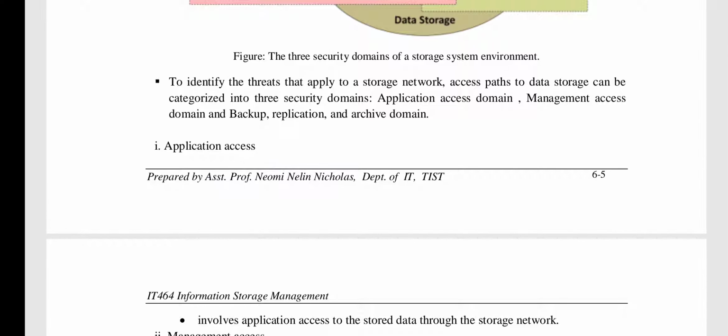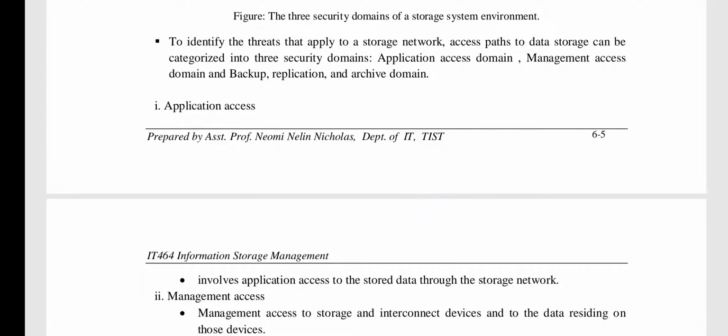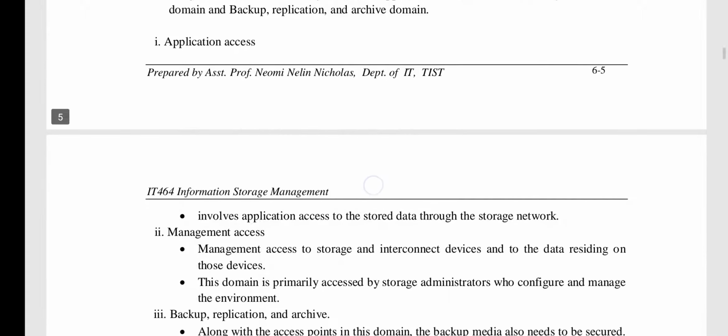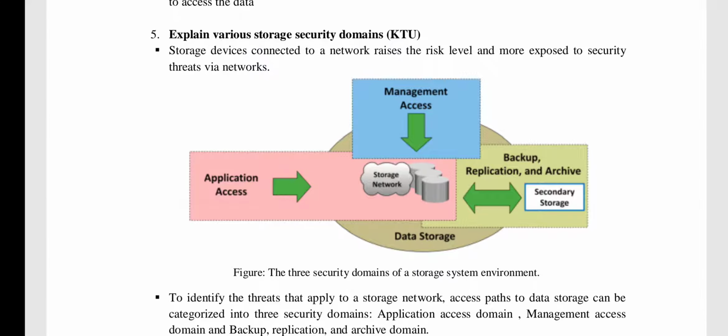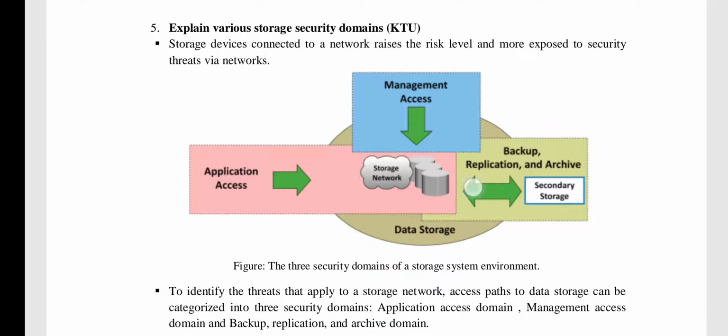Now application access. So it involves the application access to the stored data through the storage network. So we are discussing what are the security domains, where all security can be imposed when we are considering our storage network. So you can give an access level security, the application, management and backup.